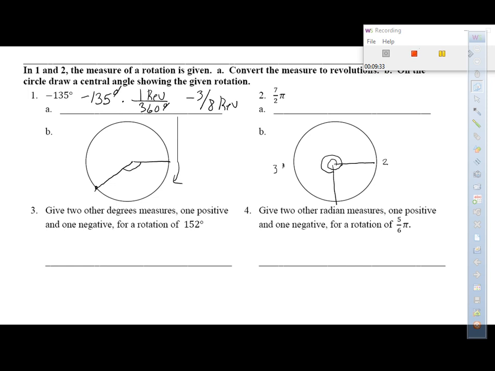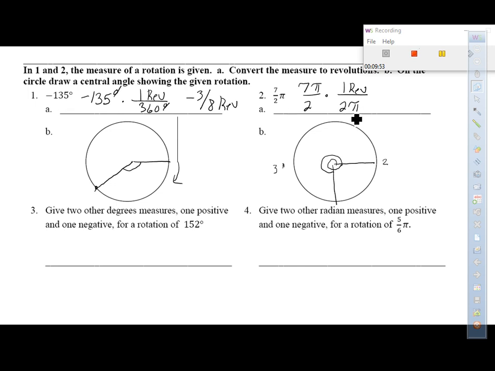Math-wise, it's going to look like this. I'm going to have 7 pi halves. I'm going to multiply by some ratio that once again deals with revolutions and, in this case, radians. So I'm going to say in one revolution, there's 2 pi radians. I used degrees over here because we're in degrees.